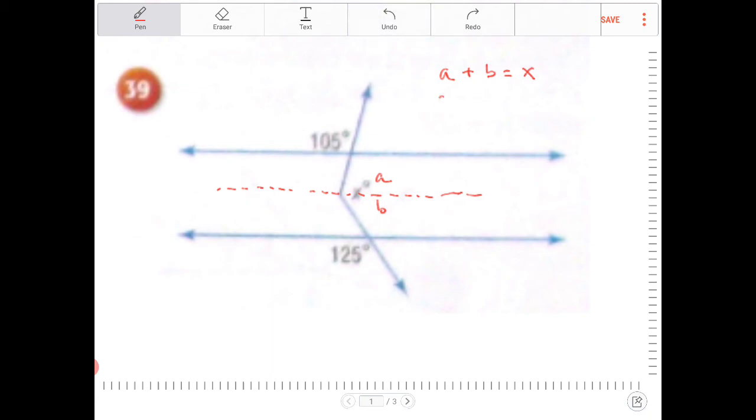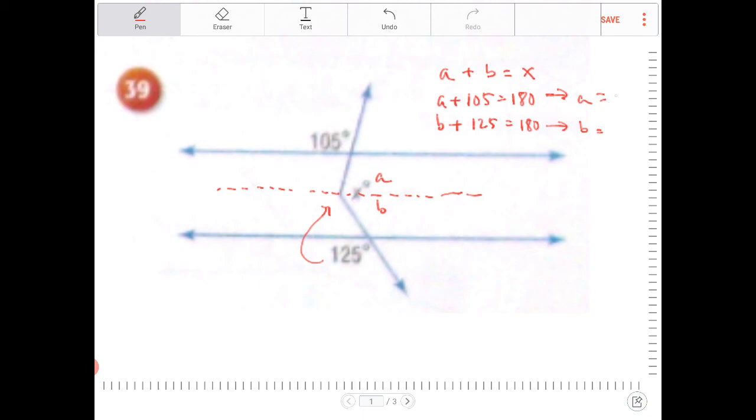So therefore I know that A plus 105 must equal 180 because they are a linear pair. And I also know that B plus, you guessed it, right? Since that's corresponding, B plus 125 should also equal 180. So therefore, I can solve for what A and B is.